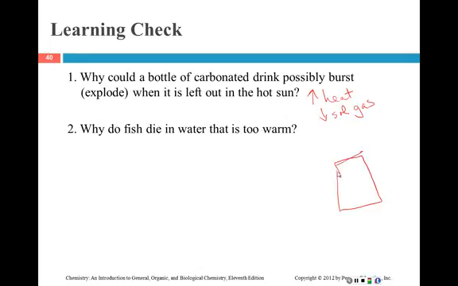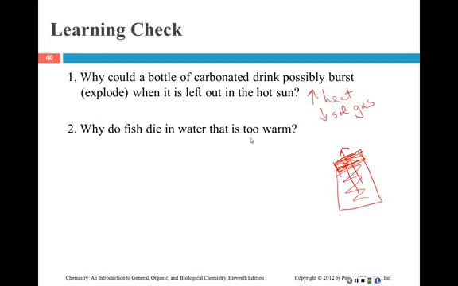But it has a little bit of head space here, and this is the liquid, and then this part is air space. And so you've heated it up, and it's pushing those gas molecules out of solution. Eventually, they may have enough force to explode that.